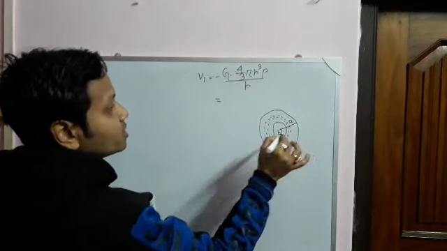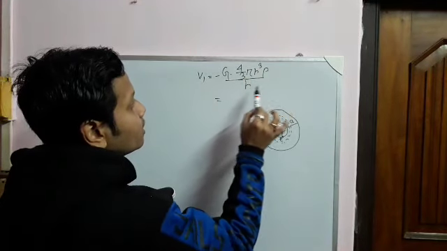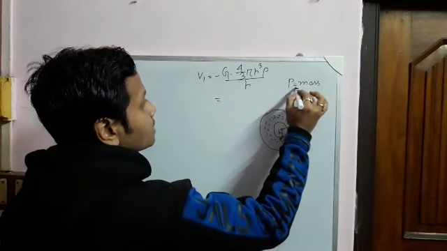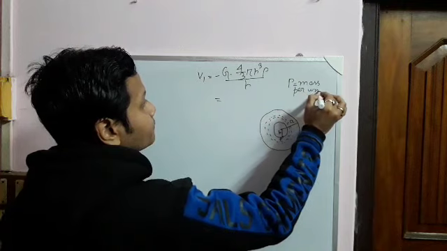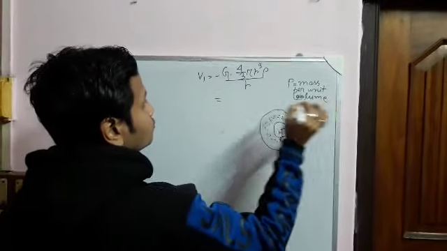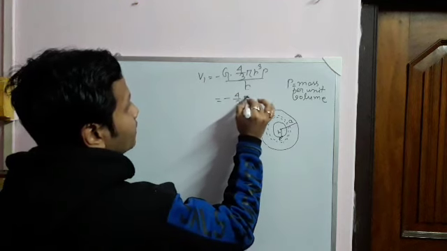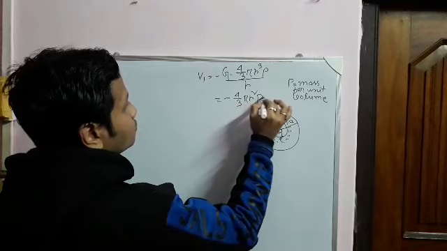So this is the potential at P due to the inner sphere of radius r. So what will be the result? Minus 4/3 pi r square rho G.